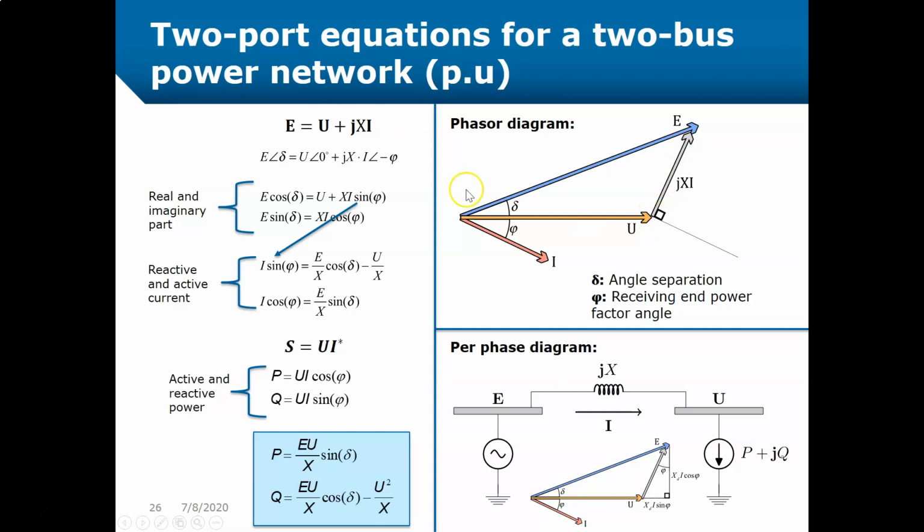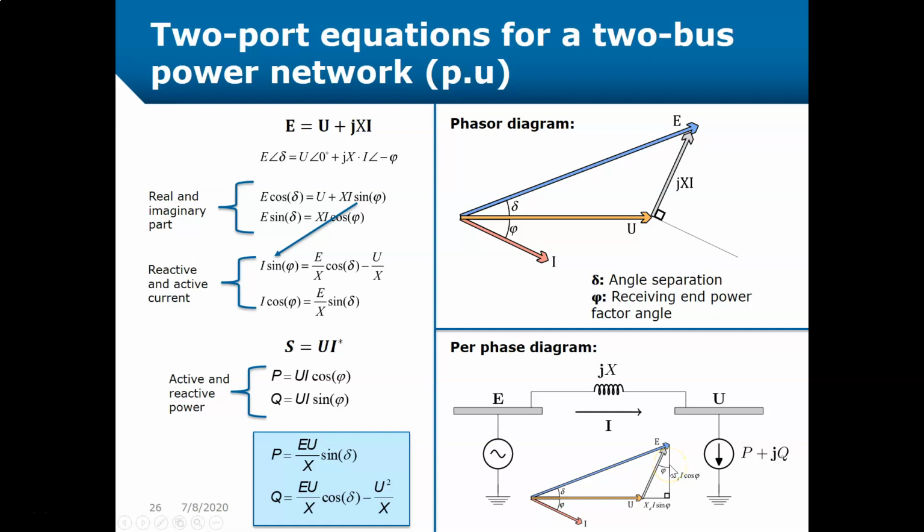We can say that E with the angle delta equals U with the angle 0 plus this vector. Then we also have this phi, the angle between voltage and current, which we can also see down here in this drawing.